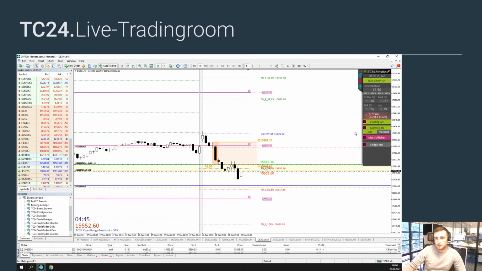And then what we tend to do after we go into trade number 4 and 5 is we tend to extend these take profits a little bit further. First of all, start with the stop losses, and we'll move them up just a little bit further.